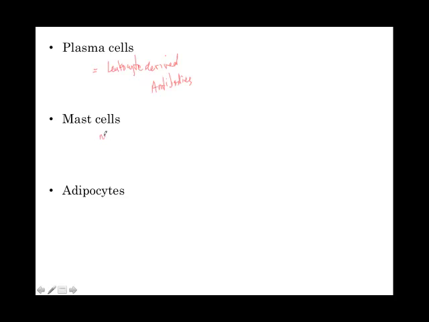Mast cells, these are found near blood vessels. These secrete two substances. They secrete a substance called histamine, which promotes inflammation and increases blood flow. And they also produce a substance called heparin, which is an anticoagulant.